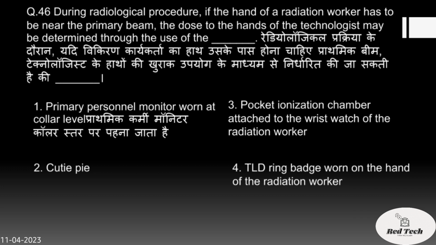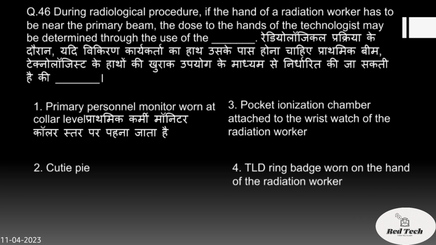The options are: option 1 is primary person monitor worn at collar level, option 2 QT pie, option 3 is pocket ionizing chamber attached to the wrist watch of the radiation worker, and option 4 is TLD ring badge worn on the hand of the radiation worker. So as you know, if exposed on the hands, then the best method is to measure with the TLD badge.